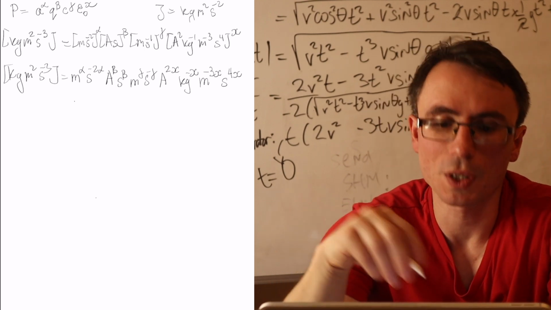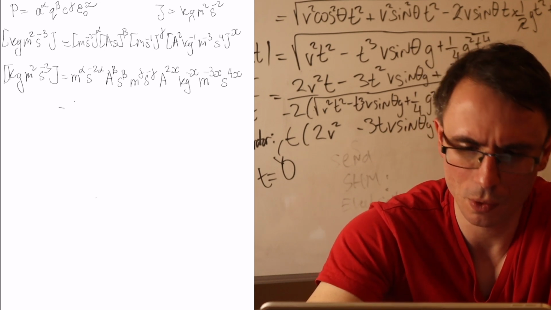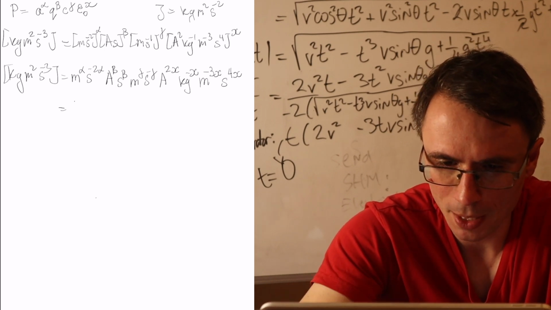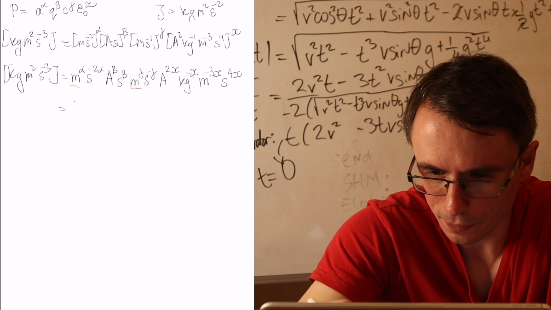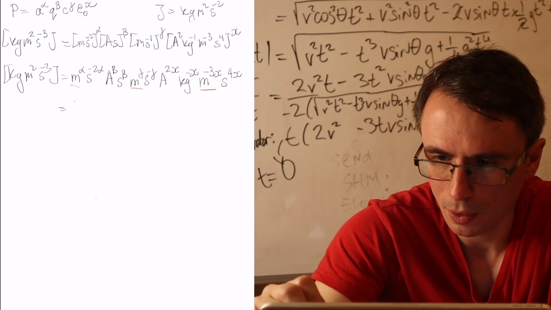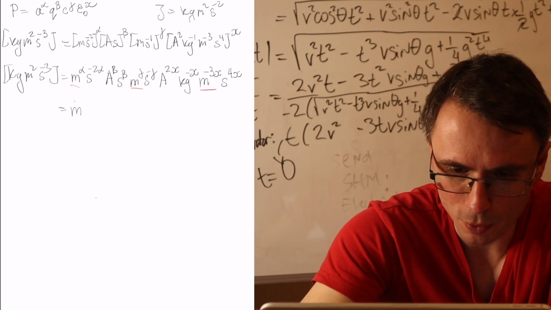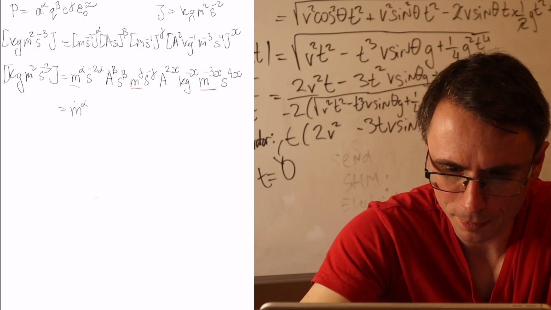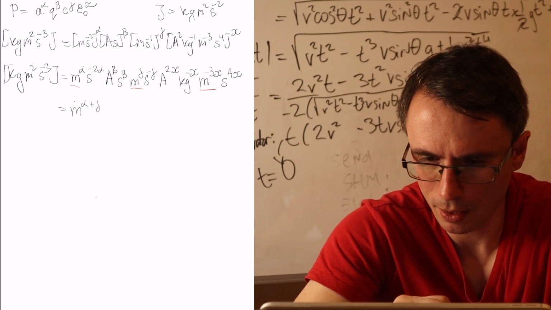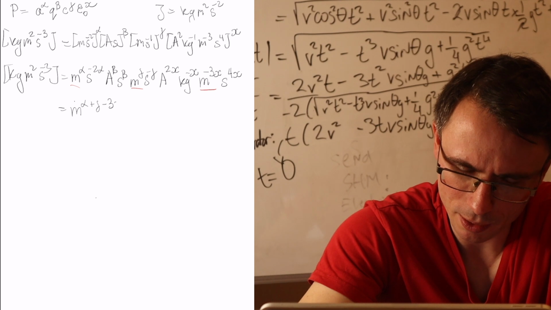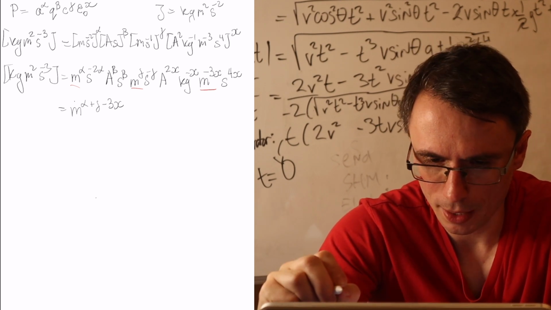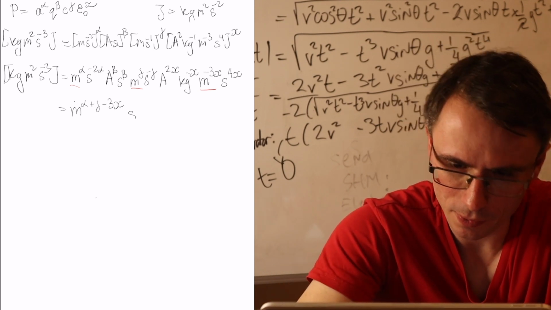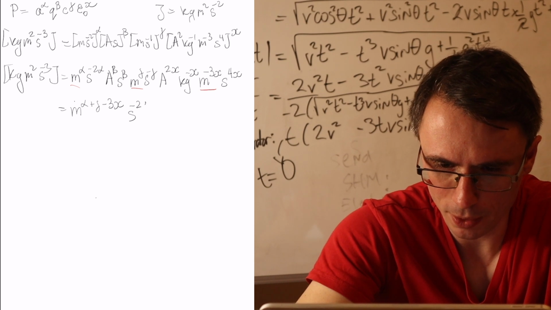Now let's group terms together. So this here will give me, let's take care of the masses first. That will be m to the power of alpha plus gamma minus 3x. Let's take care of the seconds. So it'll be minus 2 alpha plus beta.